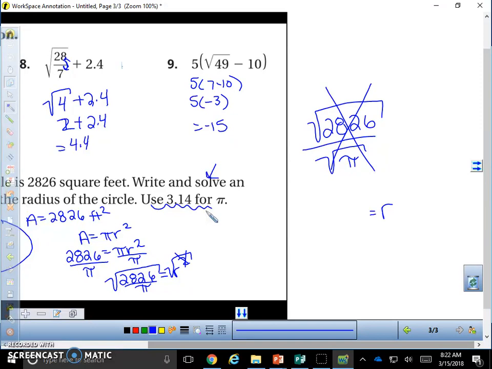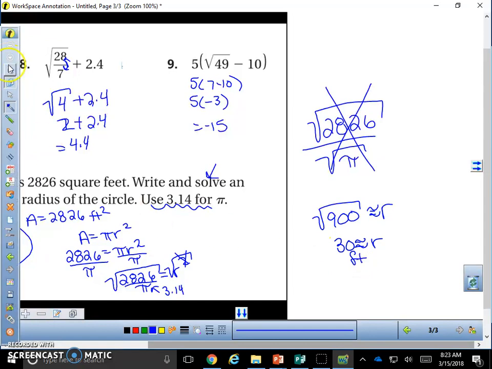So 2826 divided by 3.14 is 900. I just did the division using the approximation of 3.14 and it got a nice number. 900. Now we have to take the square root of 900, and the square root of 900 is 30. The radius is approximately, because we approximated pi, 30 feet.